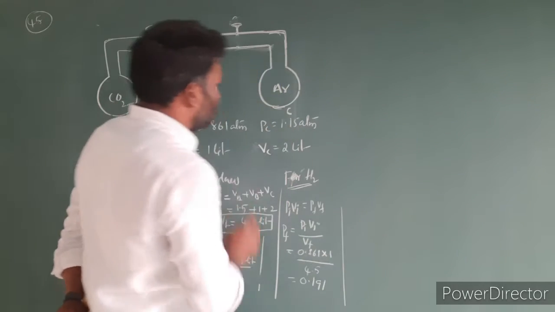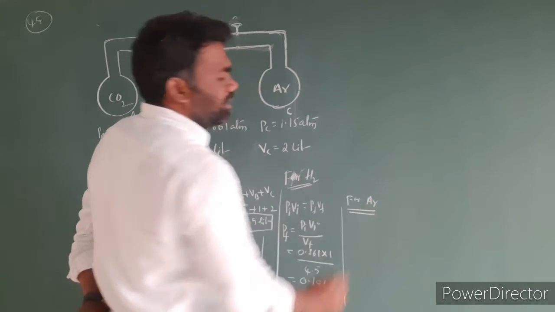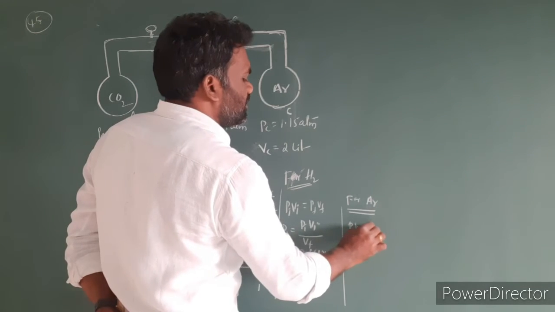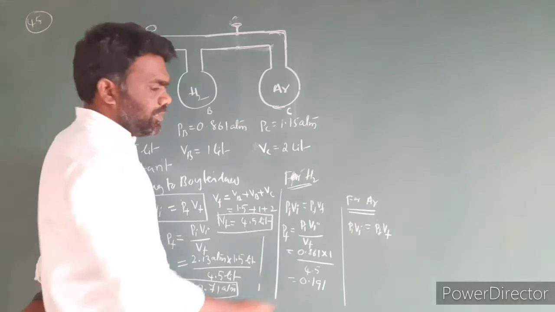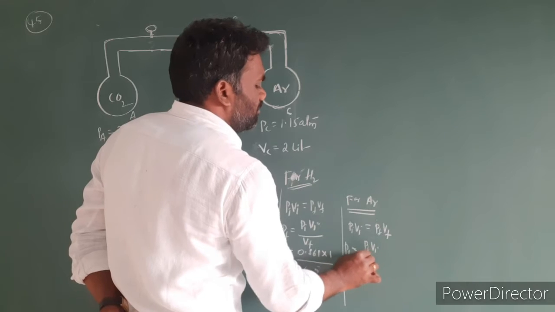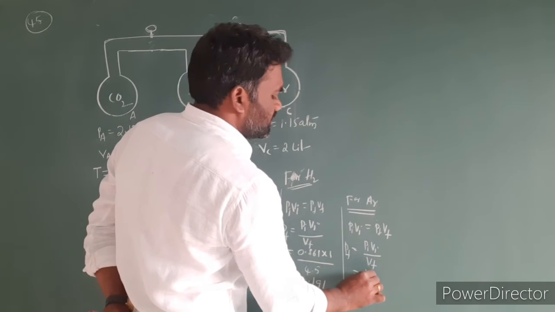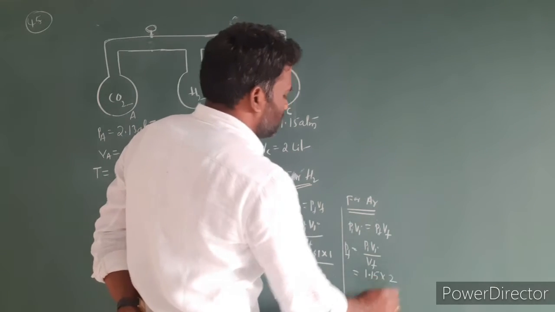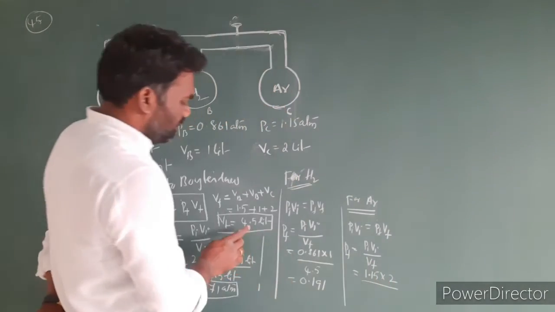Third, we have argon. For argon, we use the same formula, PiVi is equal to PfVf, so P final is equal to PiVi by Vf. Initial pressure is given as 1.15 atmospheres, into volume VC, which is 2, by the final volume, which we already know is 4.5.